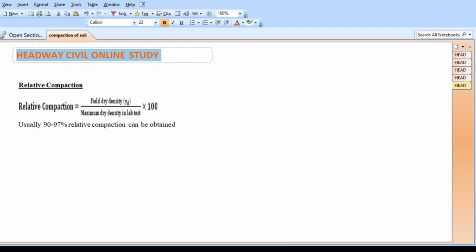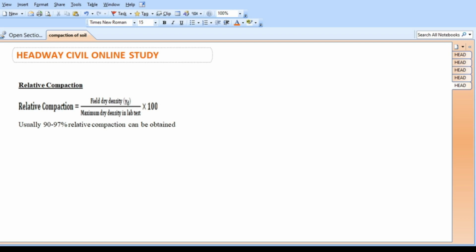The next portion that we'll see is relative compaction. Relative compaction is the ratio between the field dry density and the maximum dry density in the lab test. Remember, relative compaction is always expressed as a percentage. Usually 90 to 97% of relative compaction can be obtained.